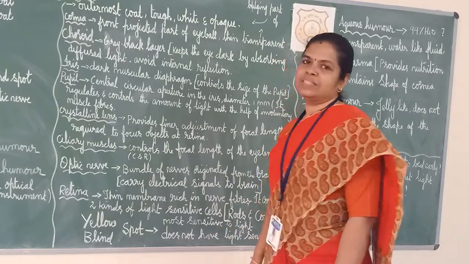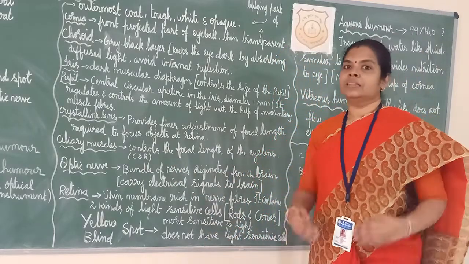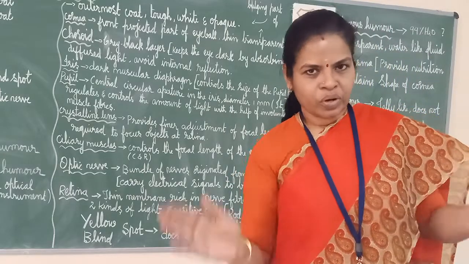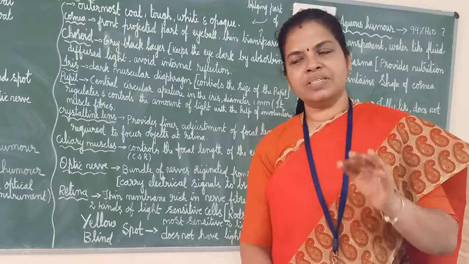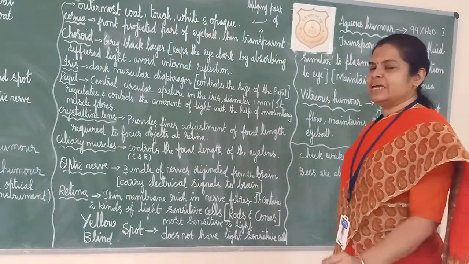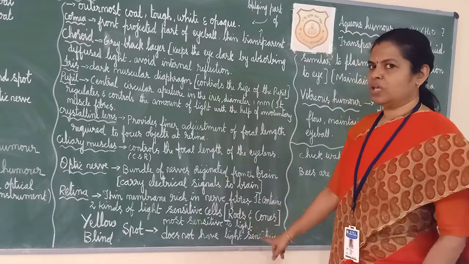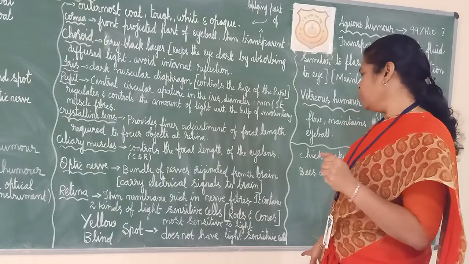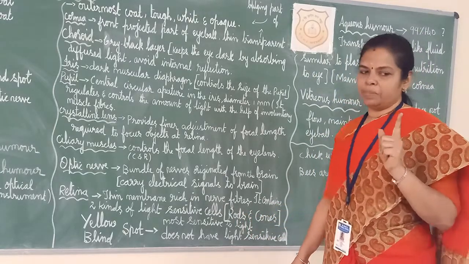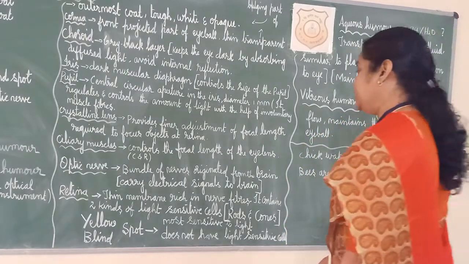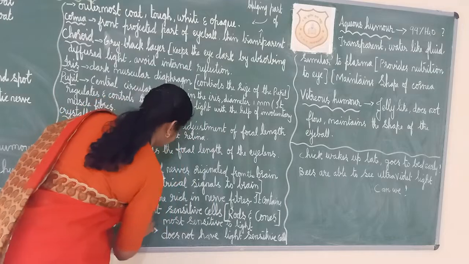The next one is the retina. Retina is the third coat. Outermost coat is called the sclerotic coat, then the choroid coat, and the innermost is the retina. So the retina is a thin membrane which is rich in nerve fibers. Okay, nerve fibers are more, and it contains, this is very important, two kinds of light sensitive cells.